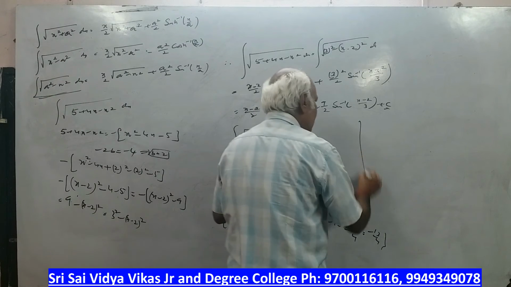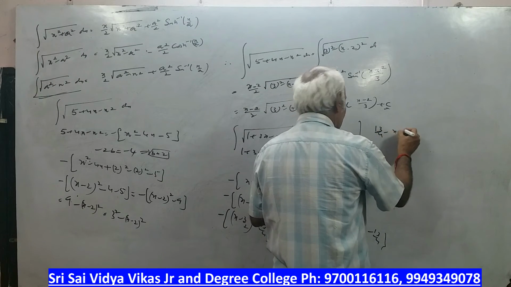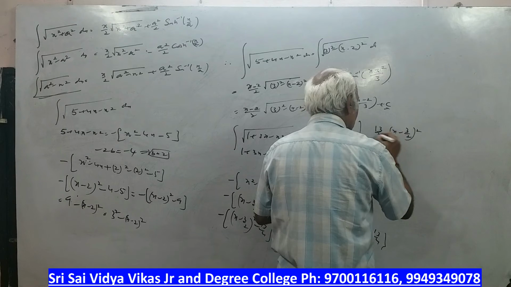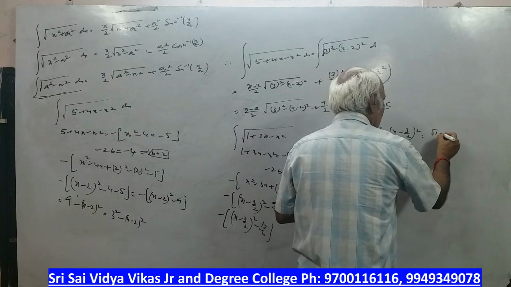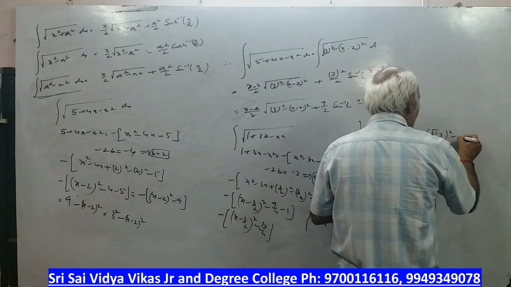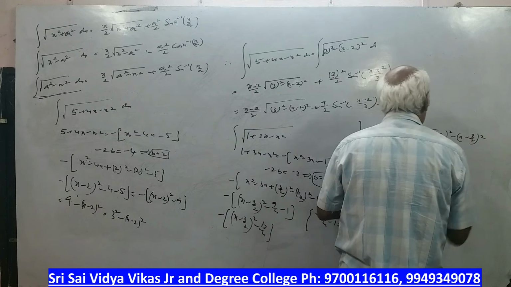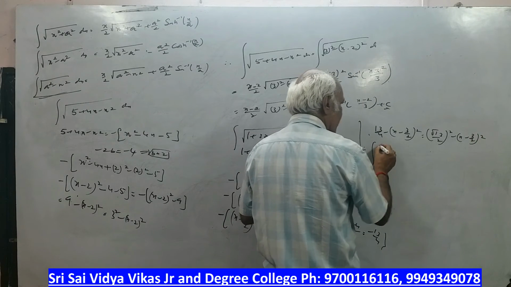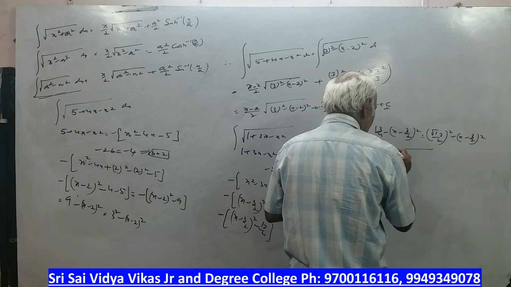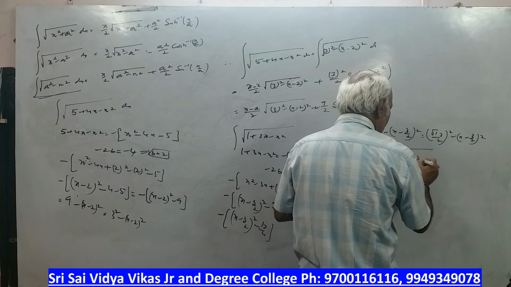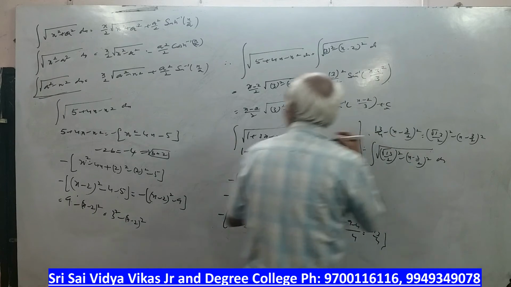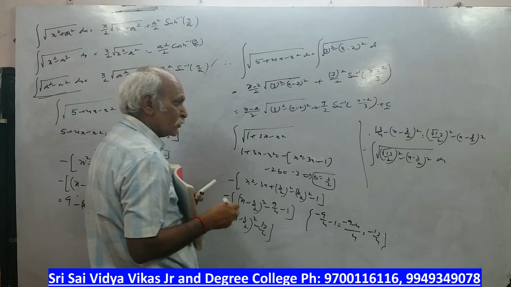Bring minus sign inside. So 13 by 4 minus x minus 3 by 2 whole square, which is nothing but root 13 by 2 whole square minus x minus 3 by 2 whole square. Therefore, integration of root 13 by 2 whole square minus x minus 3 by 2 whole square dx. Which formula again? Last formula only will come. So I will write that formula.